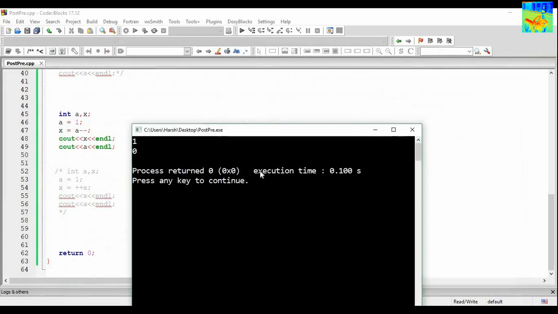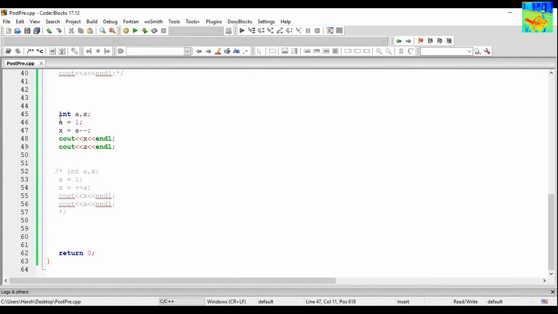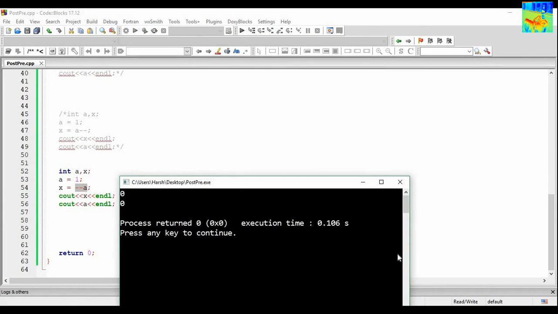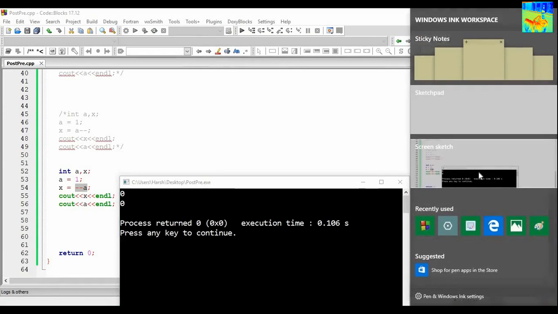Now let's see pre-decrement. Instead of a minus minus, I write minus minus a. The value of x and a are both 0. Why?